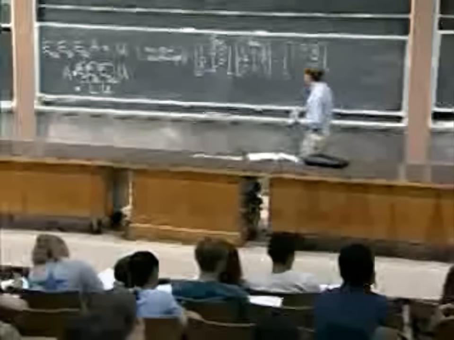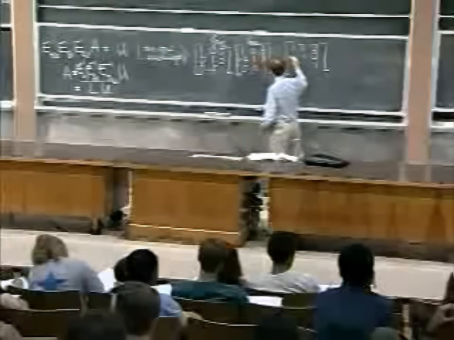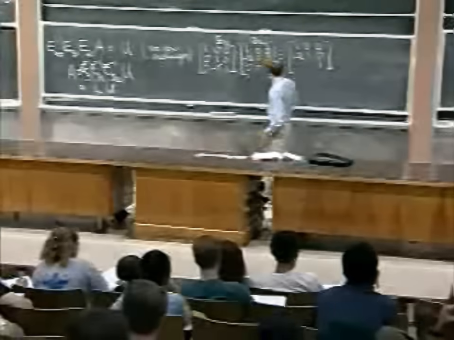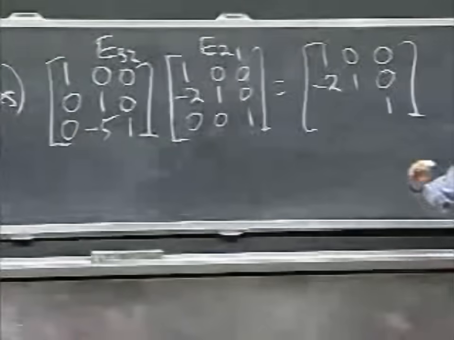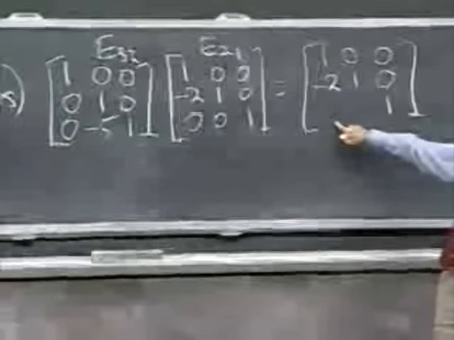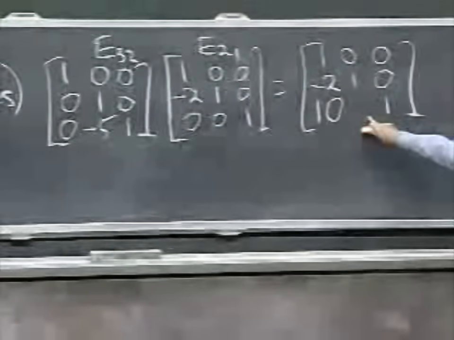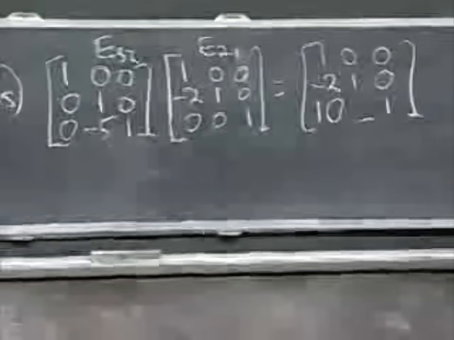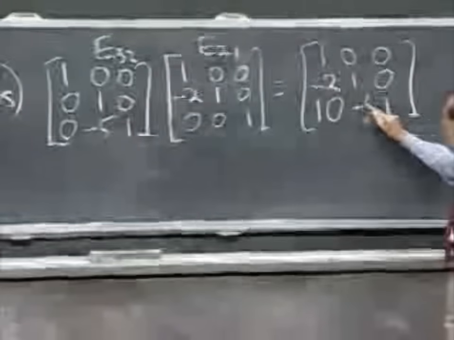Okay, now really what I have to do is check this, -2, 1, 0. So what's that number? This is the number that I really have in mind. That number is 10. And this one is, what goes here? Row 3 against column 2 looks like the minus 5.